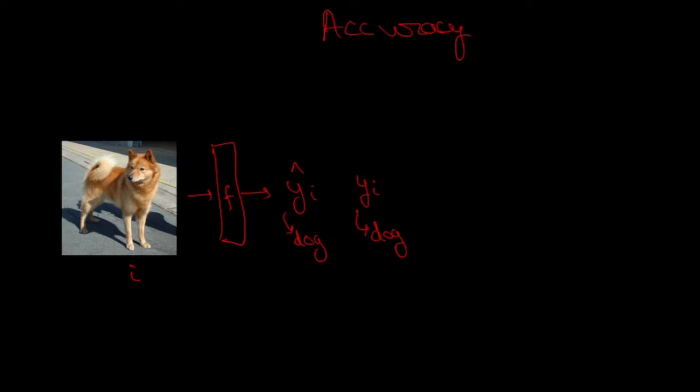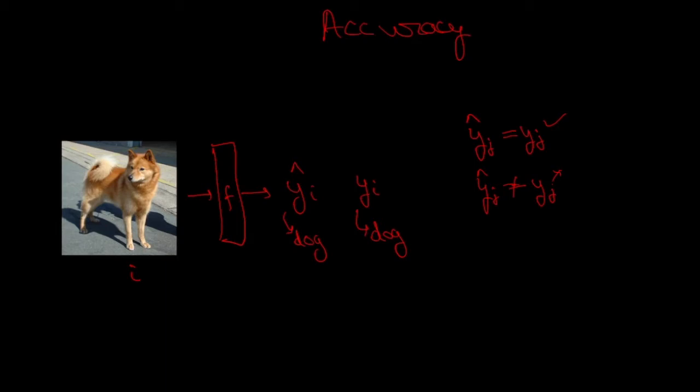Now let's say we pick a random jth image. If y j hat is the same as y j, then we would be happy because the model makes the same prediction as the human annotation. But if y j hat is not the same as y j, then it is not something that we would like, so we won't appreciate such a model.